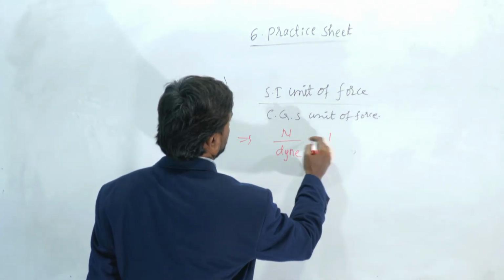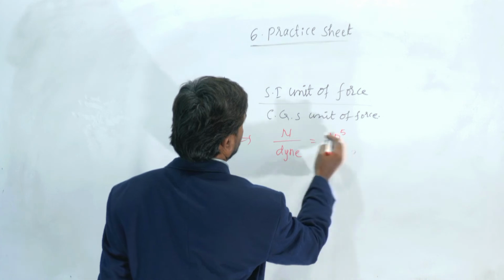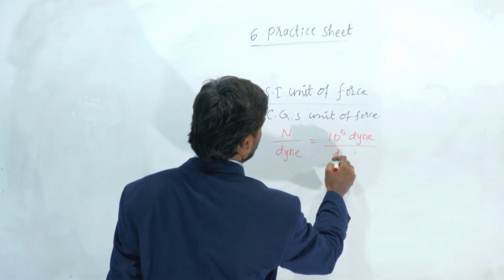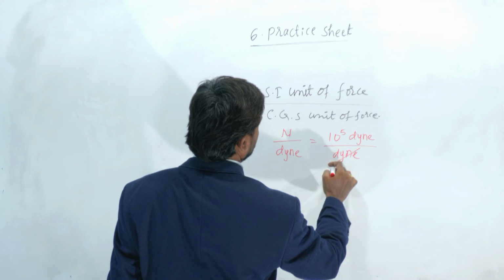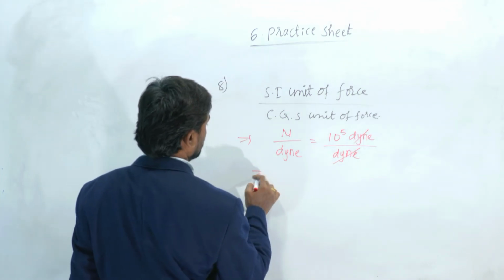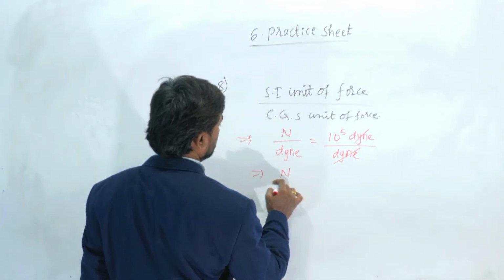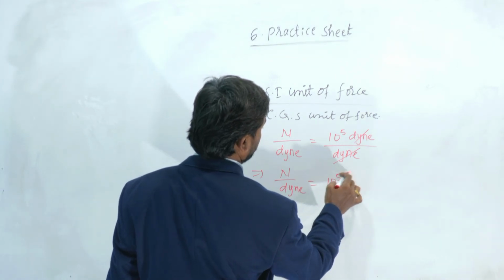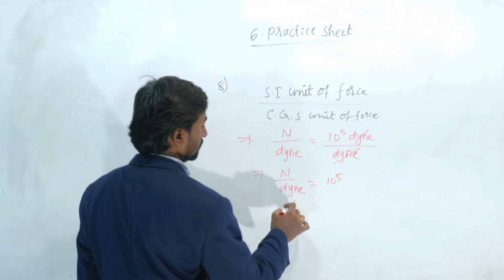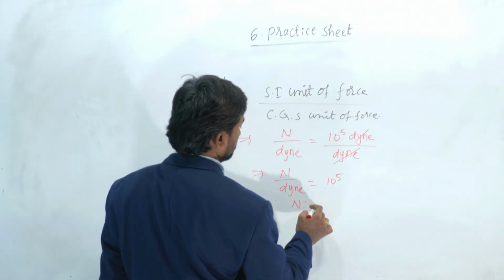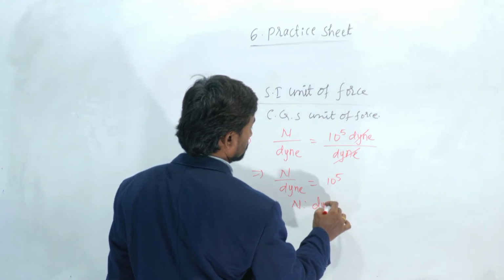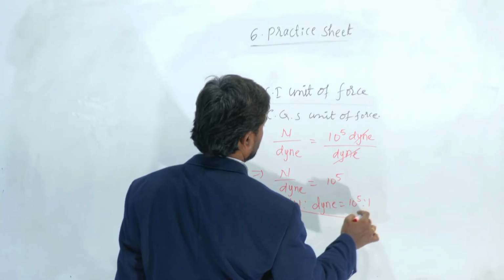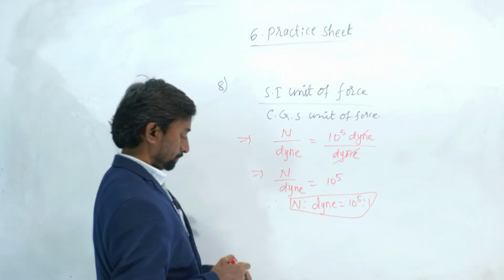We know that 1 Newton is equal to 10 to the power of 5 dynes, divided by dyne. So this and this will be cancelled there. So now 1 Newton by dyne is equal to 10 to the power of 5. Therefore the ratio of Newton to dyne is 10 to the power of 5 is to 1. So this is the answer.